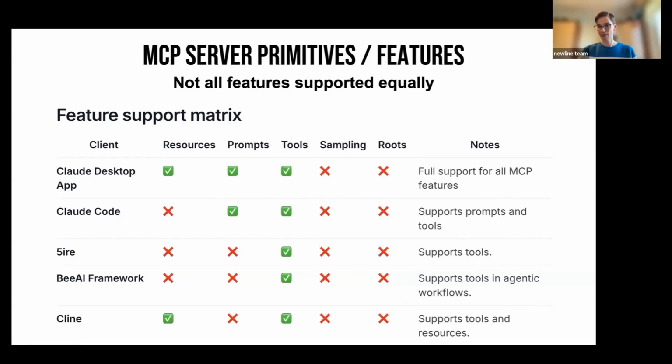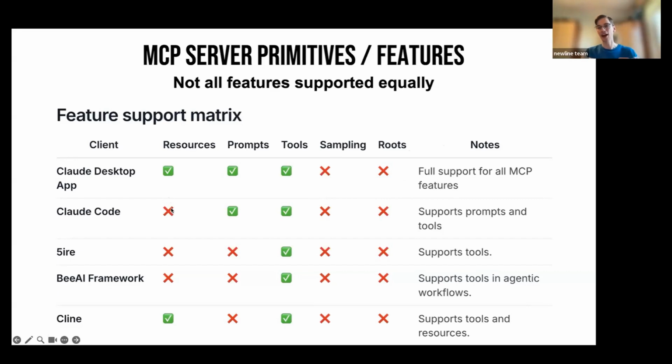Basically you are able to see that it's not really supported everywhere. And specifically look at the top. We have resources, prompts, and tools. Sampling and roots, don't stress about this for now. It's almost not used anywhere. Those are the important things for us to focus on, especially at the beginning.